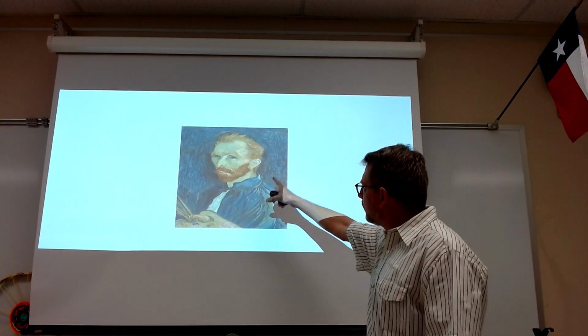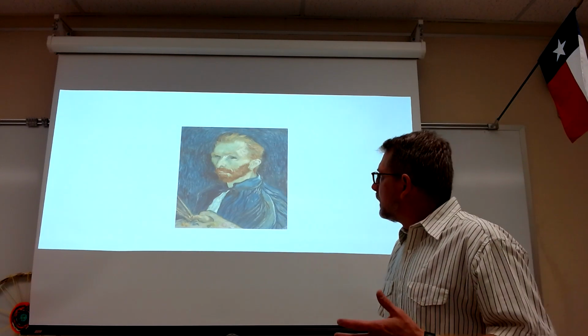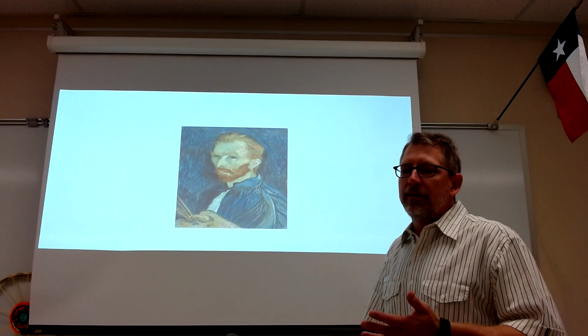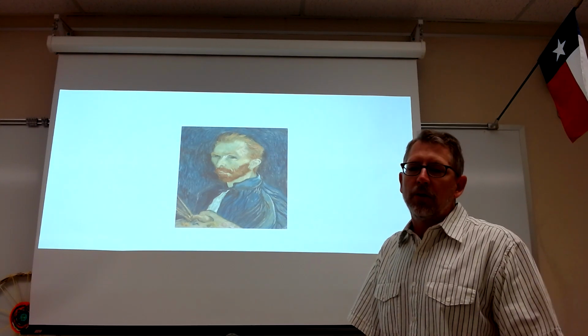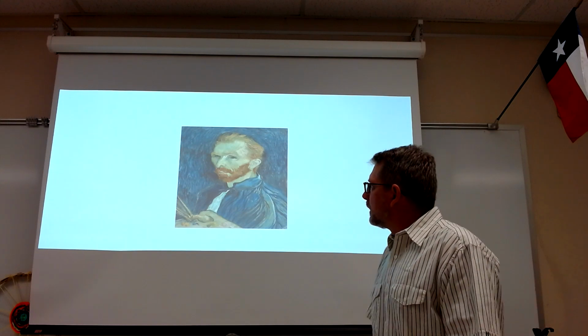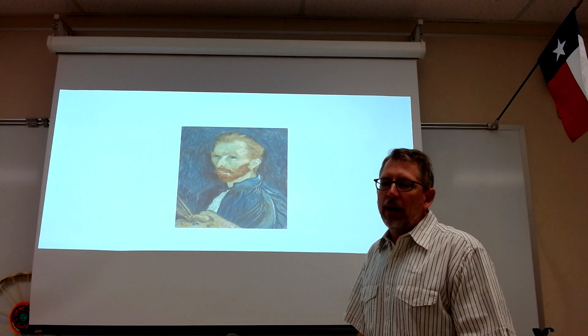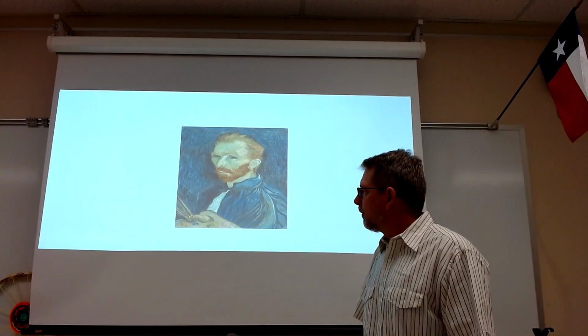And you can see his brush strokes. When he was painting these paintings, a lot of people did not like them, and they were like, he's a really bad painter, don't buy any of his artwork. So as you can see, things change. Now he's one of the most well-known artists of all time.